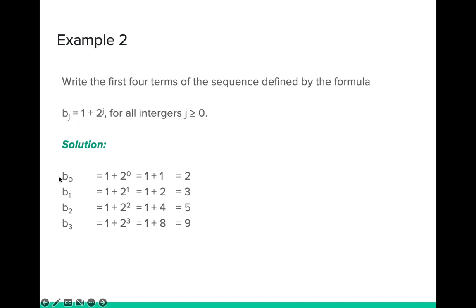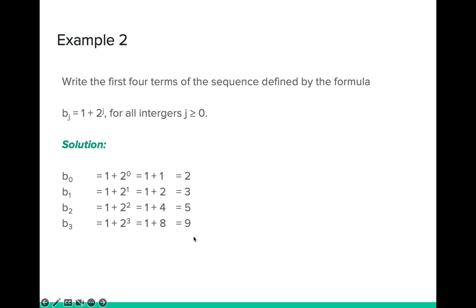Okay, so we simply, for each of these j, substitute it into the formula 1 plus 2 raised to j. So if j is equal to 0, we have 1 plus 2 raised to 0, and it will be equal to 2. If j is equal to 1, we have 1 plus 2 raised to 1 equals 1 plus 2, and that will result in 3, and so on.